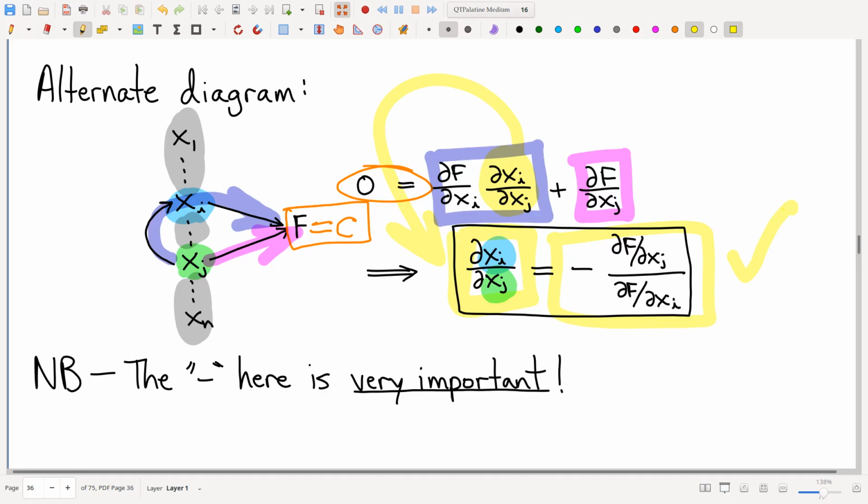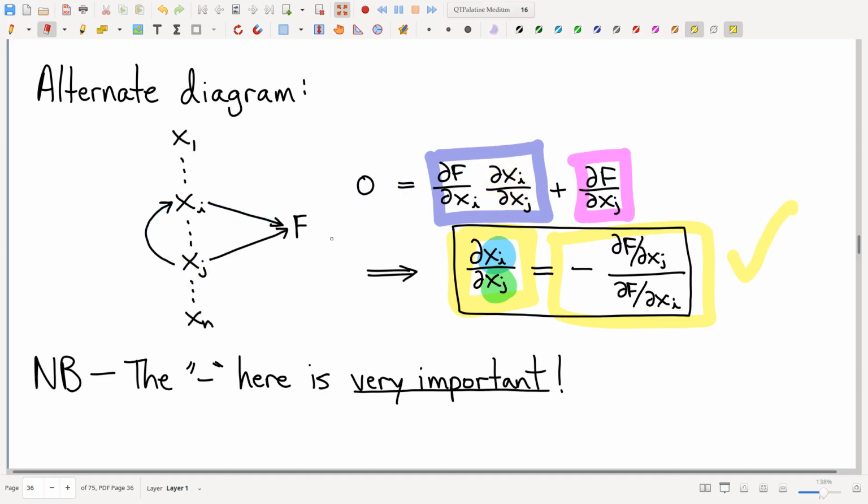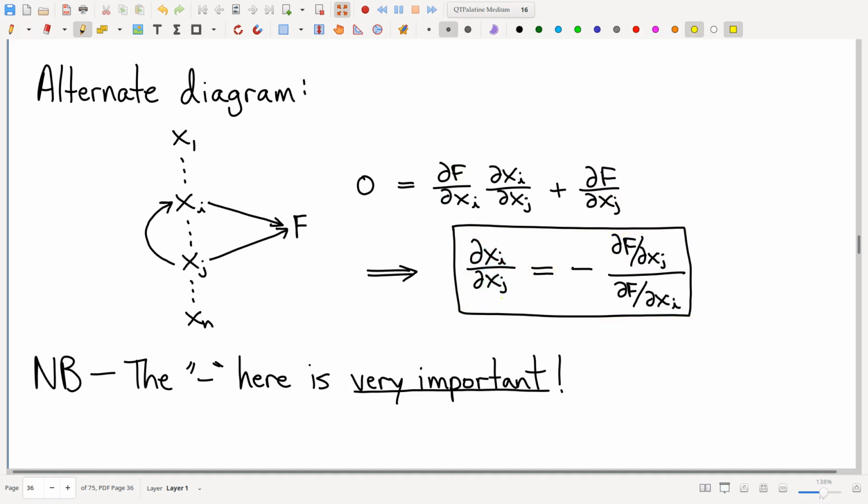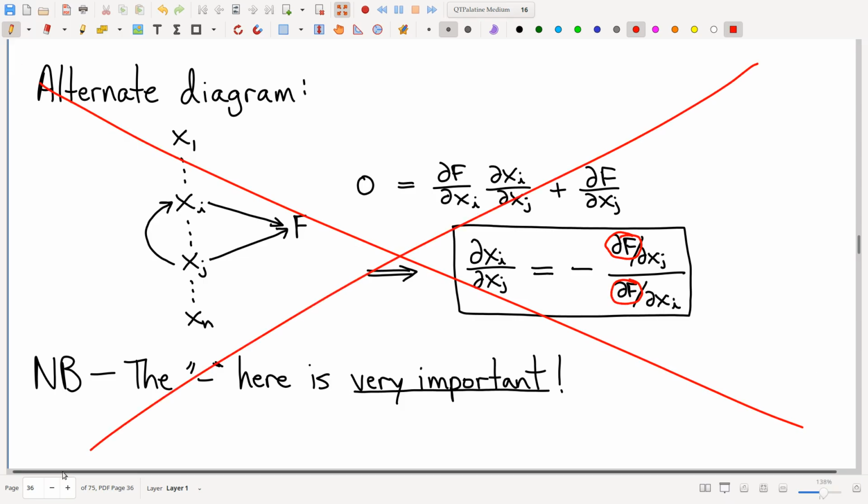Everybody buy it? Now let me warn you about something. There's a notational warning. This is a very common mistake. I've seen this following mistake made many times, and that is a lot of students just cannot help themselves, but they gravitate so much toward the following, and that is to say, well, this and this. I'm going to go ahead and put a great big X, because what I'm about to do is super wrong.